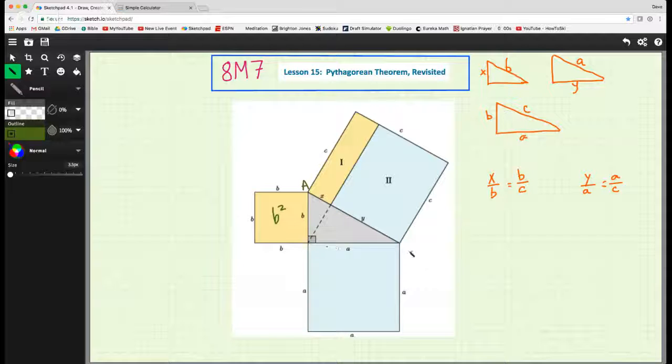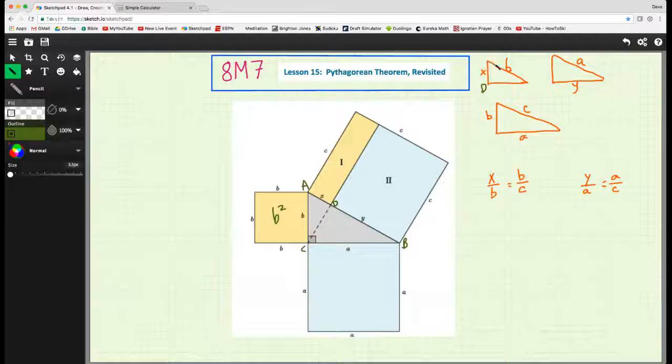A, B, C, and D. So this here is triangle, this is our D. This is this triangle here, redrawn.